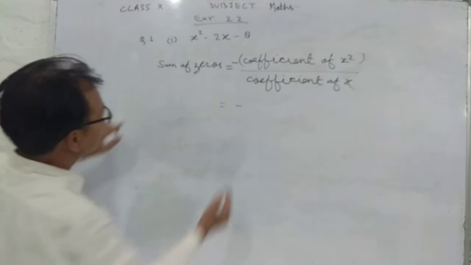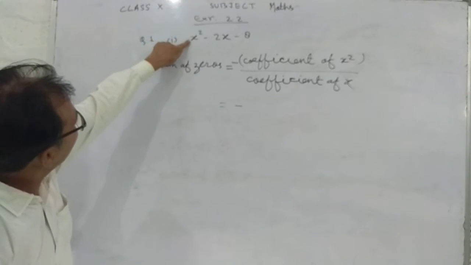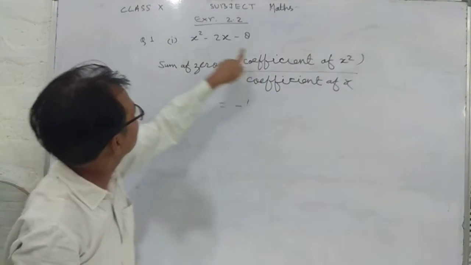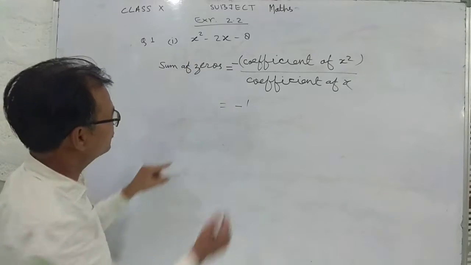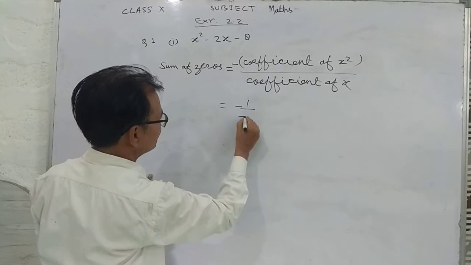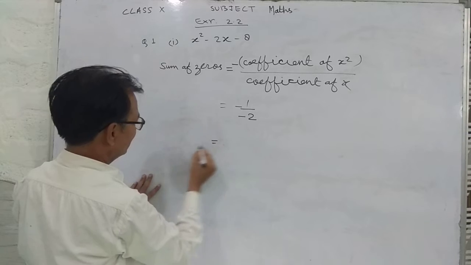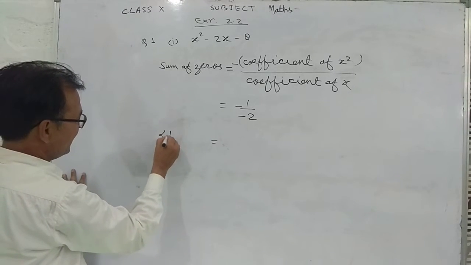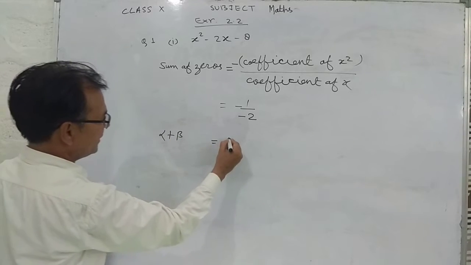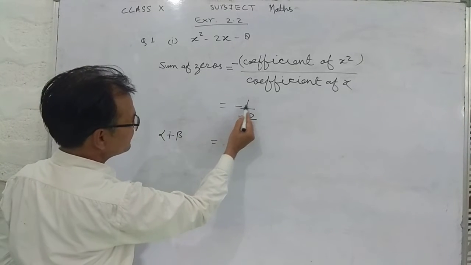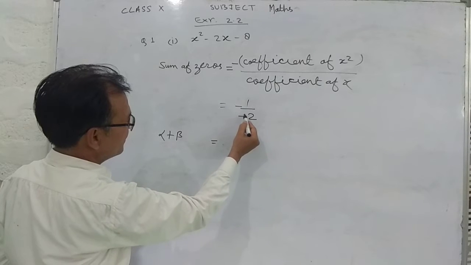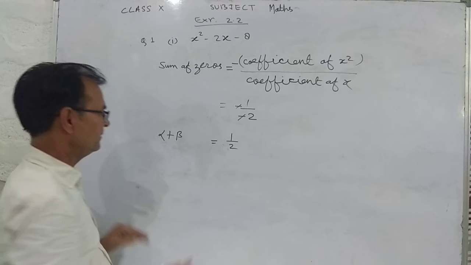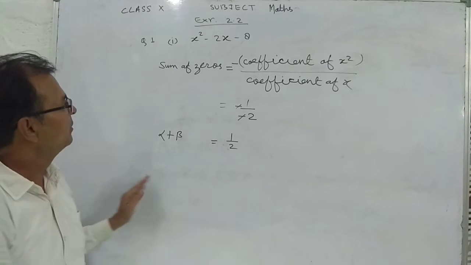Here we have minus, coefficient of x is minus 2 and coefficient of x square is 1. Then the sum of zeros, which we indicate with alpha plus beta, is equal to minus of minus 2 upon 1. Minus minus cancel and we will say alpha plus beta equal to 2.